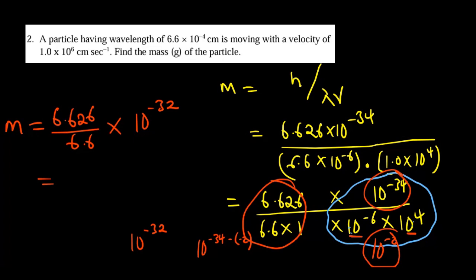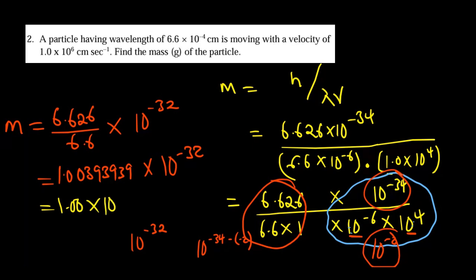I have 6.626 divided by 6.6, so I have 1.00393939 times 10 to the power minus 32. So I can just round that off to 3 significant figures. It means the answer will just be mass is equal to 1.00 times 10 to the power minus 32.